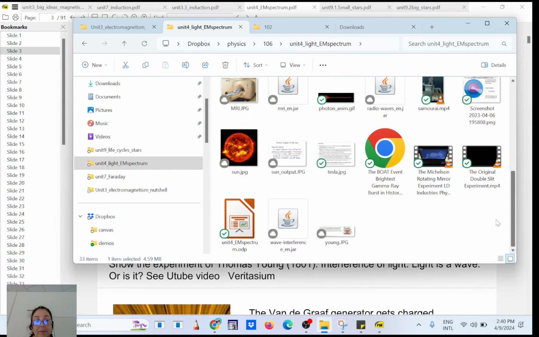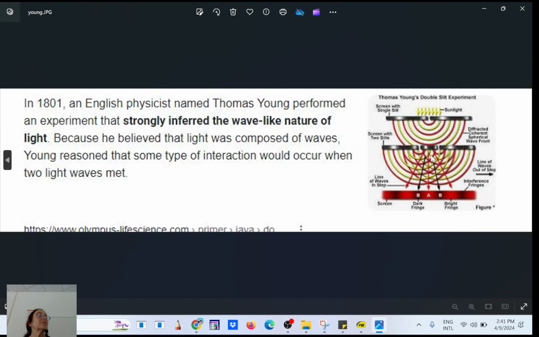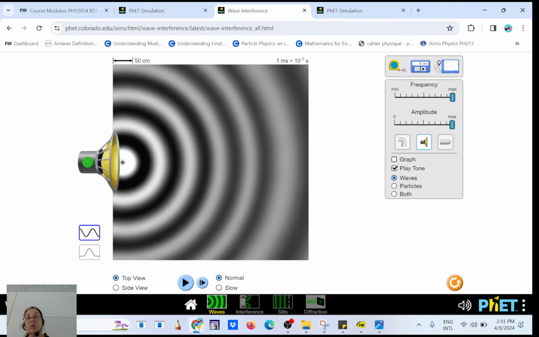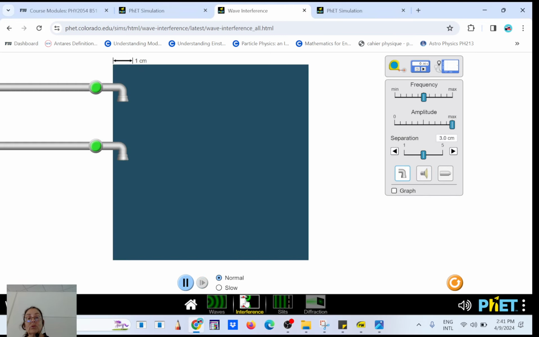Let's see if I have a picture of that. Double slit experiment, here you see, and it was to show that light will behave like a wave. So let me show you. It's always better to show you.